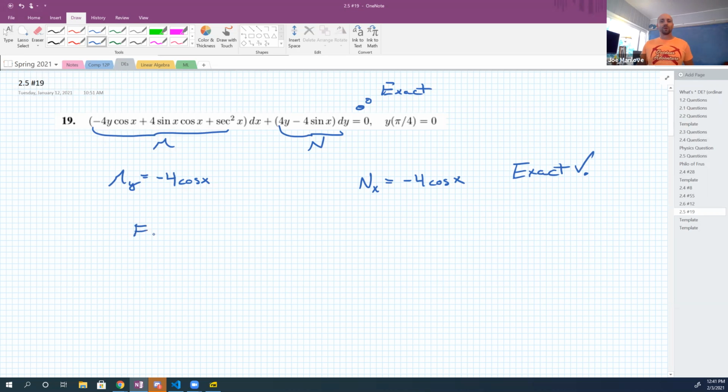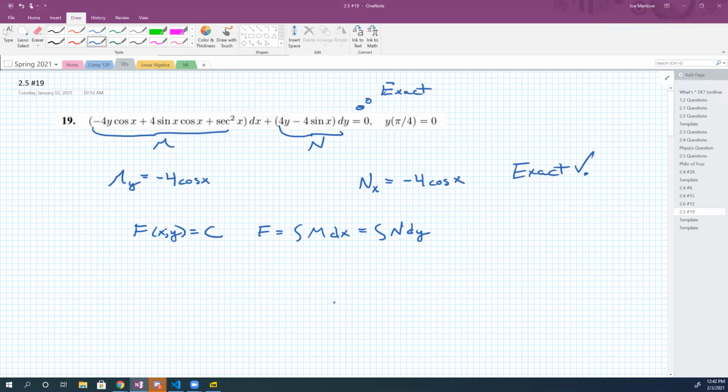So that means my solution is going to look like f of x and y equals some number, and f is really both the integral of M dx and N dy, assuming suitable mix and matching, right? So looking at M and N, which of these would you like to integrate?